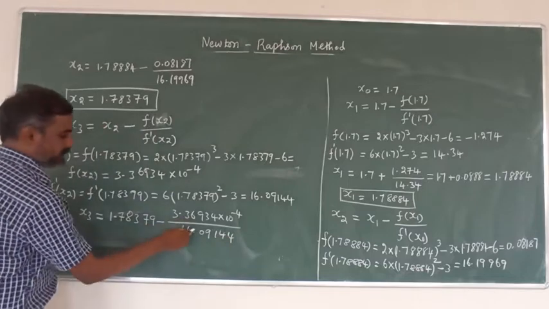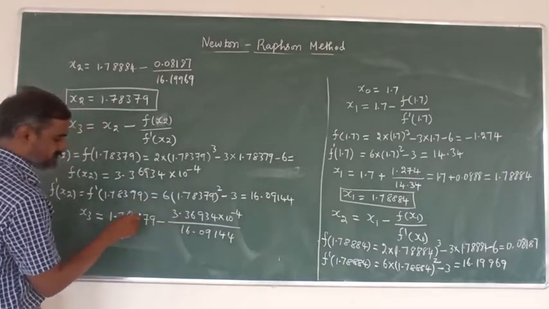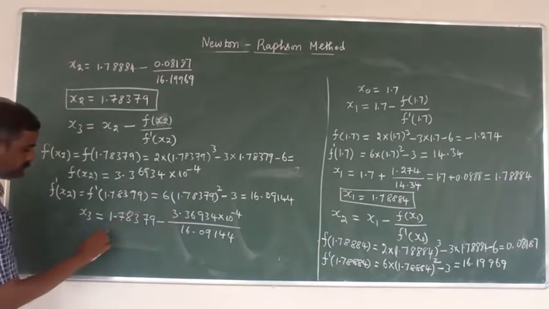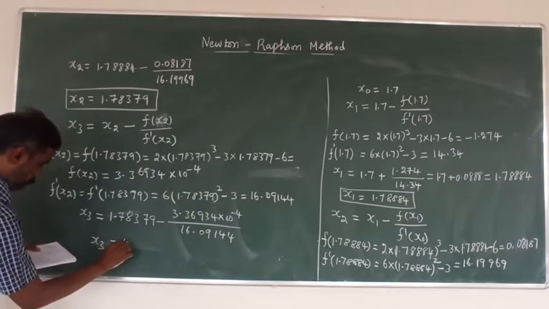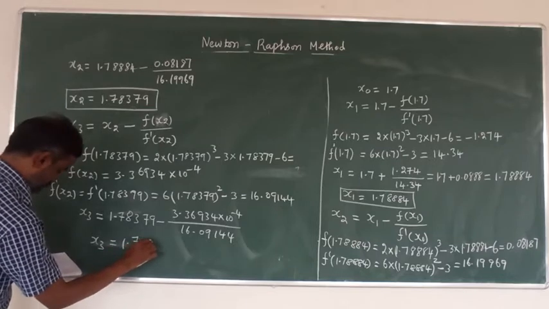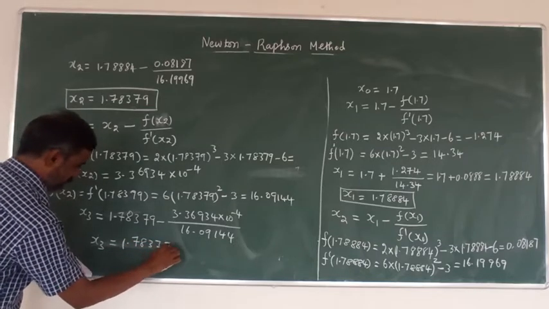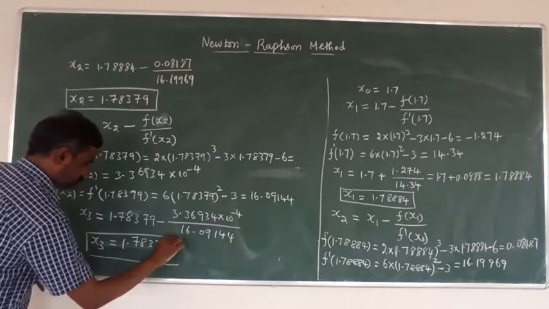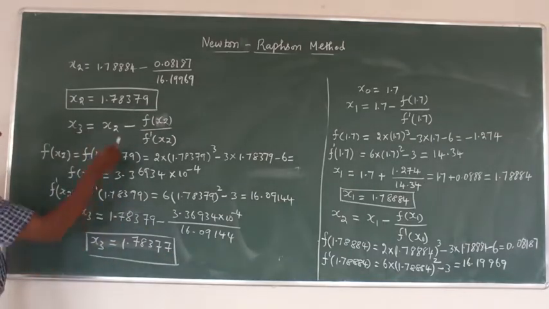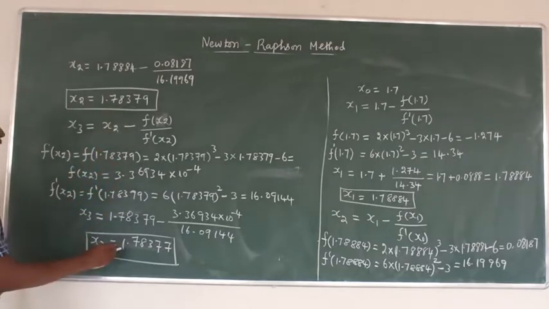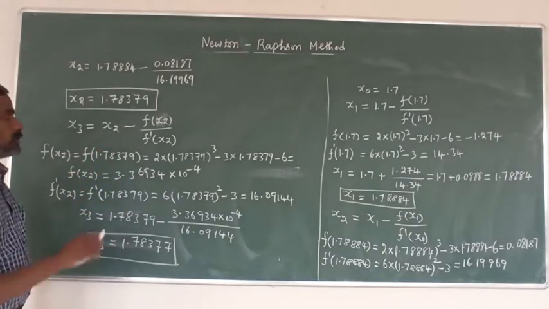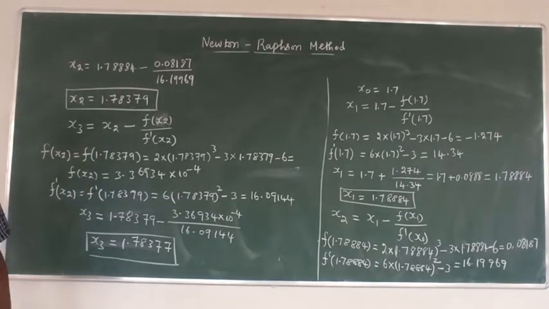Now divide these two, that result subtract with this one, we can get the x3 value 1.78377. Now compare these two, both results are not the same, so we have to take another iteration.